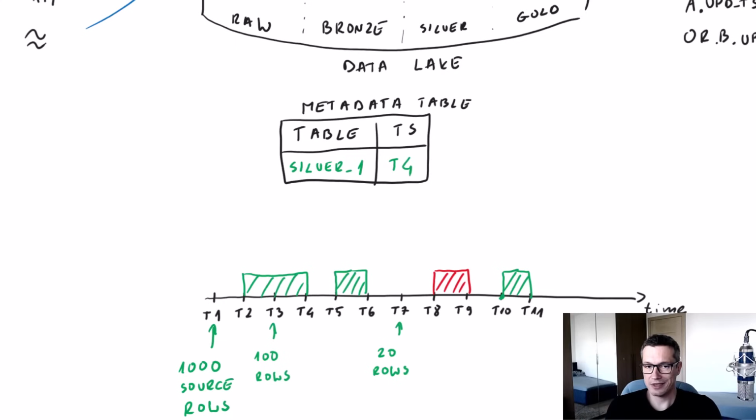So what happens is that the next time our processing starts, it will read this updated timestamp from here, and it would know, alright, so I have to process all the data from my source that changed since T4. It might have already processed part of it, that's totally fine. It will reprocess it using the fixed logic.